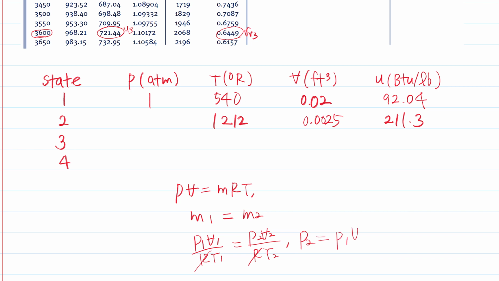So P2 equals P1 times V1 over V2 times T2 over T1. P1 is 1 atm. V1 over V2 is the compression ratio. T2 is 1212 degrees Rankine. T1 is 540. So P2 is 17.96 atm.